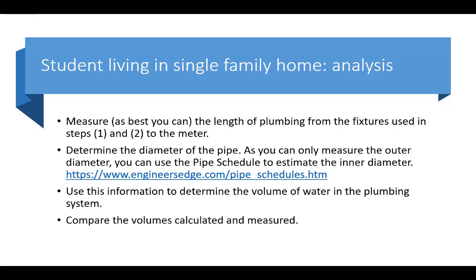Since you can only determine the outside diameter, you're going to use the pipe schedule to estimate the inner diameter. We're going to assume that we don't have significant scaling of our pipes, so the volume is the volume from the pipe schedule. You can use this information to determine the volume of water in the plumbing system, and you'll compare the volumes calculated and the volumes measured.